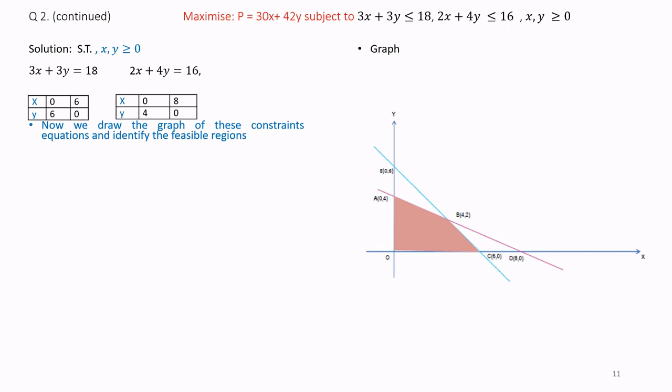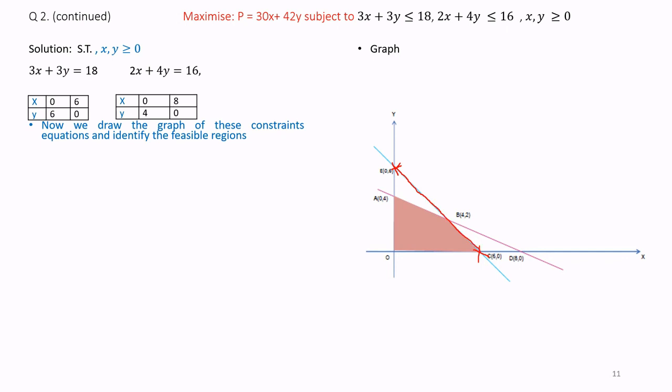That is 0, 6 and 6, 0. When x is 0, y is 6. This is the point. And when y is 0, x is 6. So when we join these two points, we get the first line.